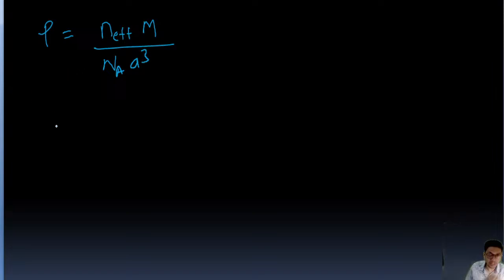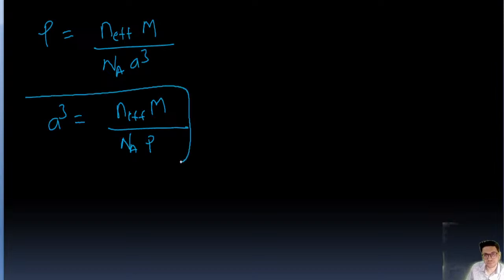So from here we can get a cube value as n effective into molar mass upon Avogadro number into rho. Very important formula, guys.